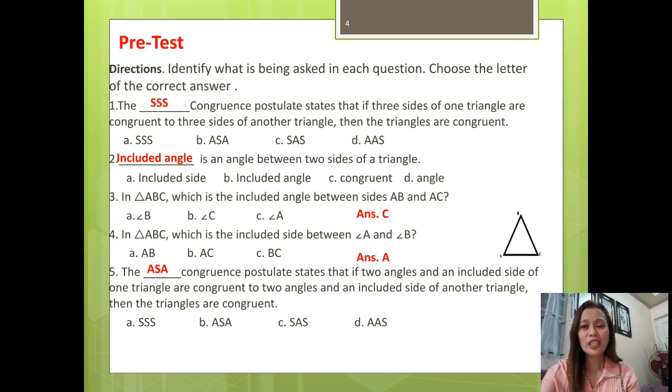Let's have a short recall. Last meeting, from Quarter 3, Module 2, Lesson number 1, we defined what CPCTC stands for. And also we differentiated between the included angle and the included side. So what do you mean by included angle?